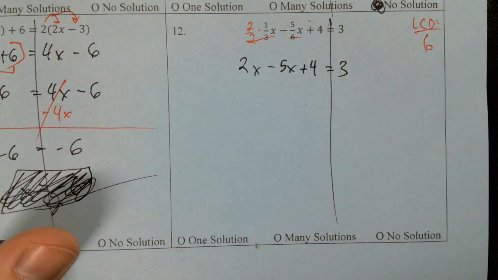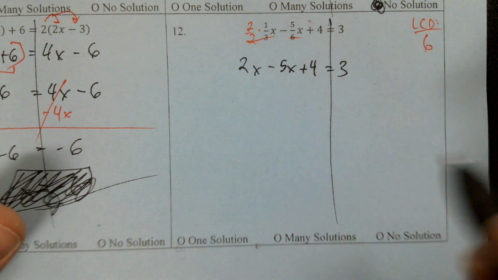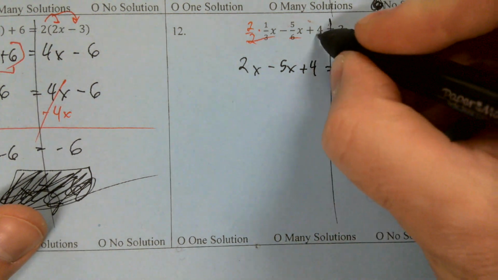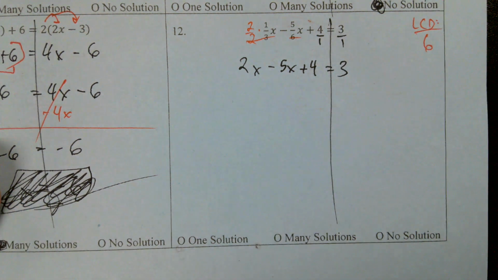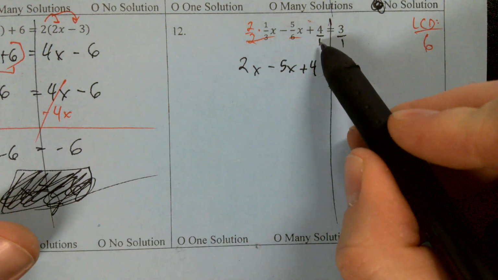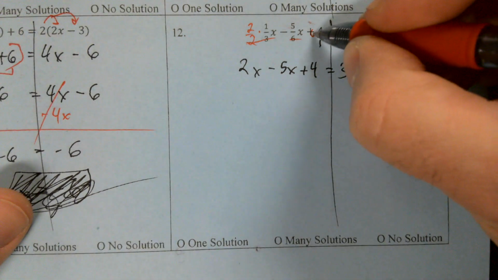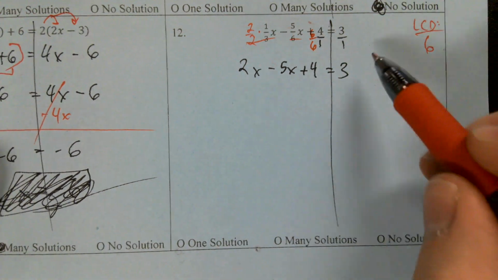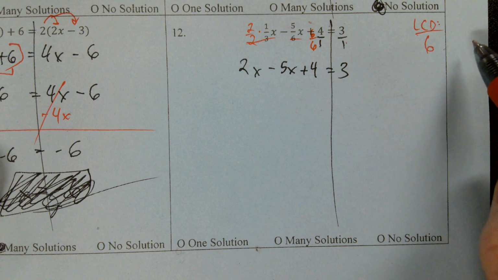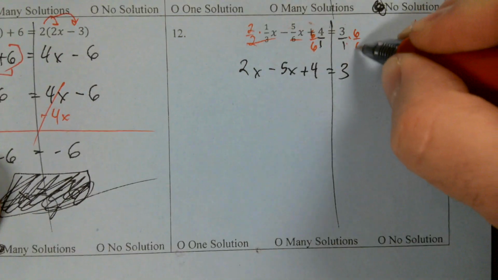Remember, like we said at the beginning, step 1 of this is to turn everything into a fraction. If 4 has a denominator of 1, what do we need to multiply that by to give us a 6? 6 over 6. If 3 has a denominator of 1, what do we need to multiply that one by? 6 over 6.